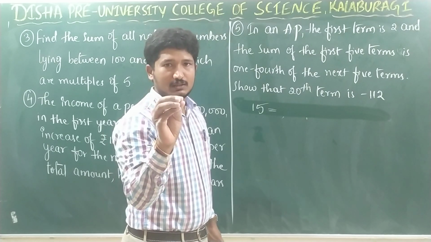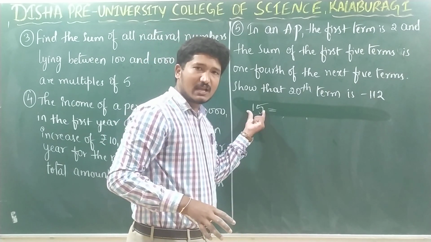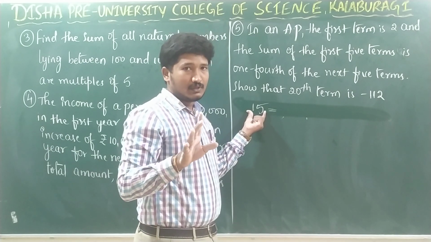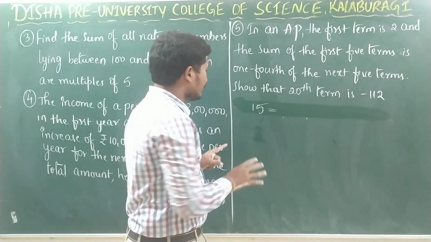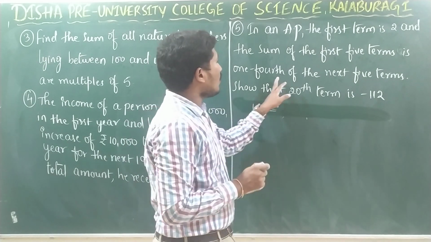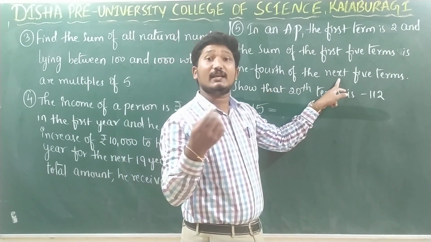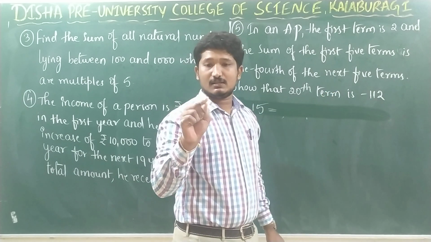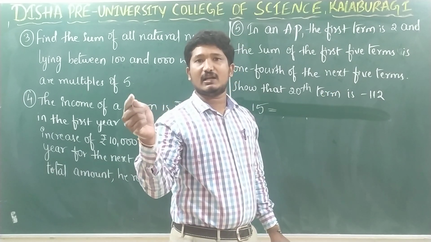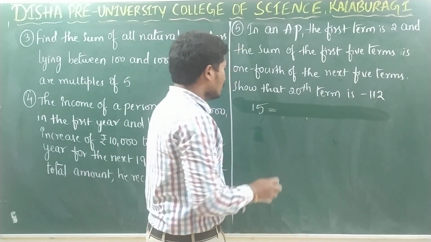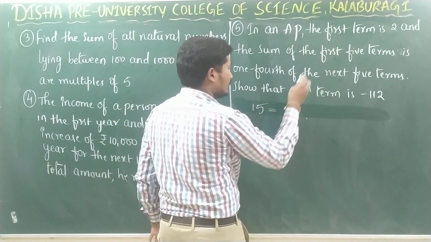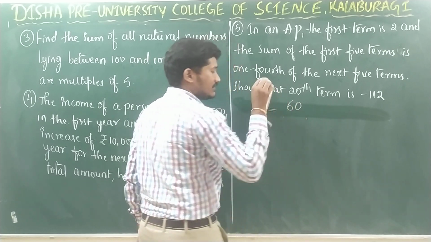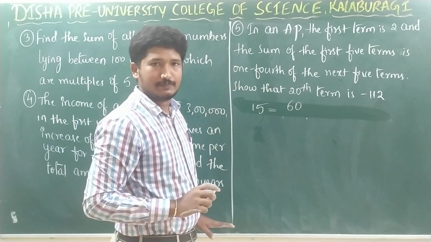So the sum of all the 5 terms I have considered as 15. I am just explaining the meaning of this. This is equal to 1/4 of the next 5 terms, in the sense the 6th term, 7th term, 8th term, 9th term, 10th term. So let us assume that when you add the next 5 terms, your sum will be 60. Let us just assume that.